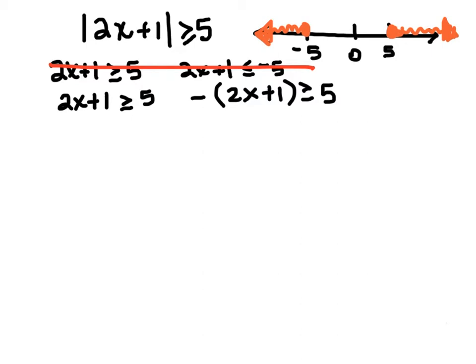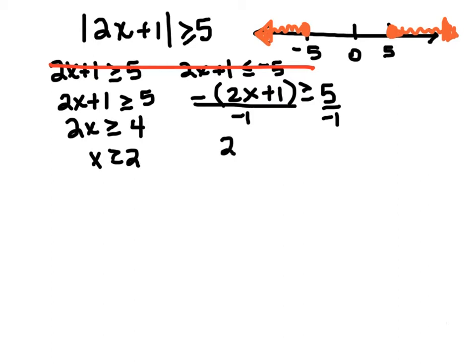Because what's going to happen now is I'm going to go ahead and subtract 1 and divide by 2. Over here, my first step is going to be to divide by negative 1 on both sides. Now, what happens when I divide by negative 1 is this negative and this negative cancel. So I get 2x plus 1.